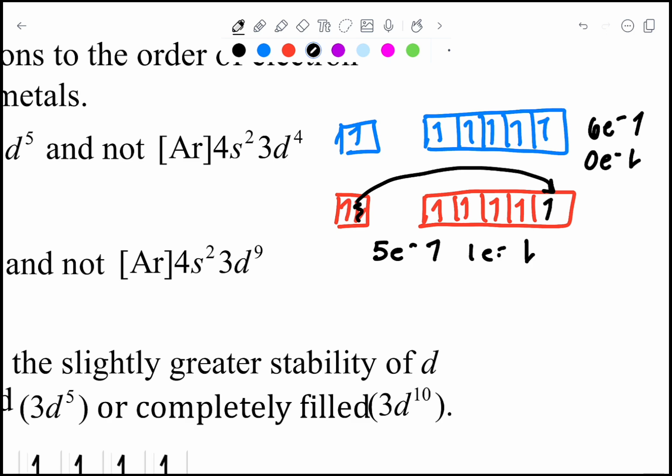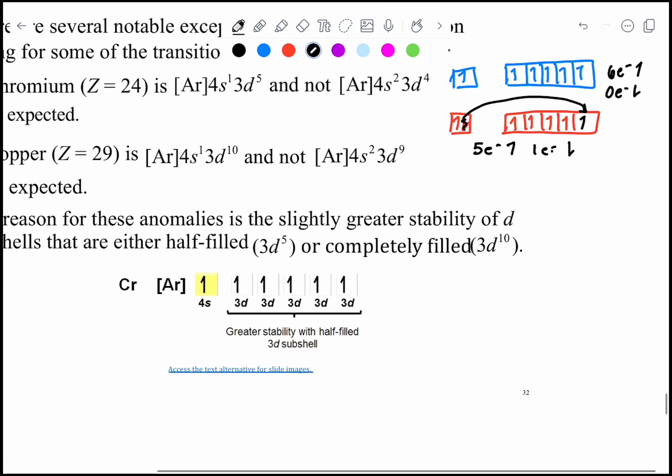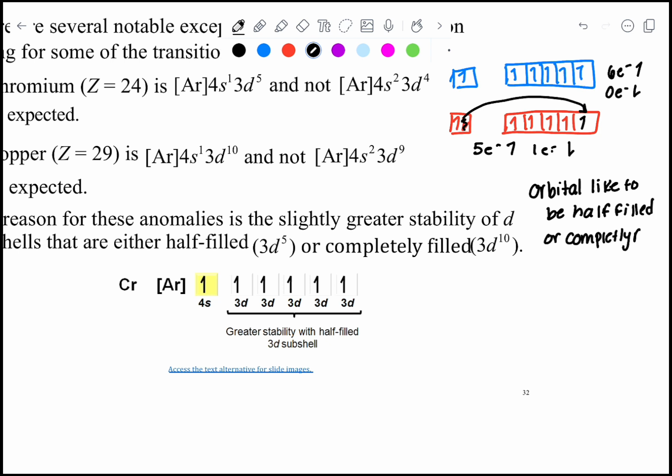The other reason is because orbitals like to be half filled or completely filled, if that's possible. Now, it's not like all of the electrons are going to rearrange so that there are completely filled orbitals and half filled orbitals or anything like that.